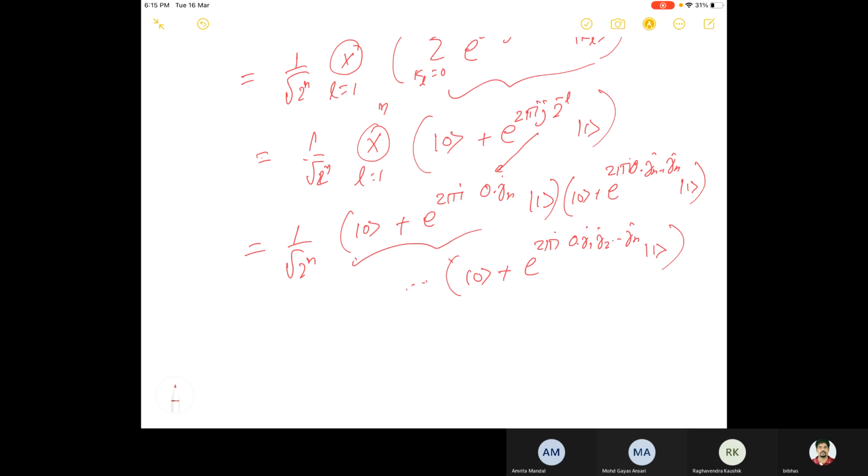So this is the product of all these n qubits, or all the qubit states, which are of this particular form.